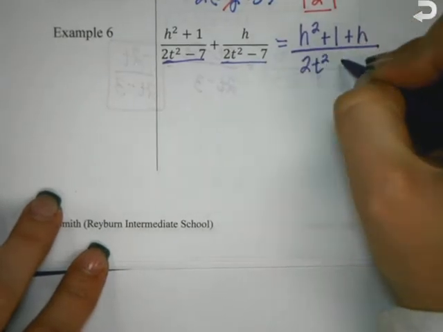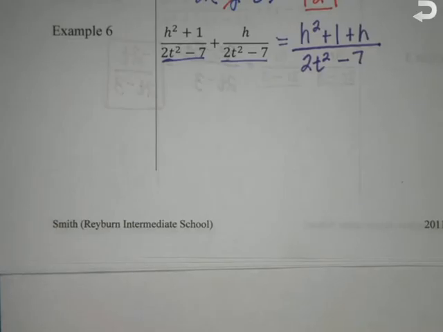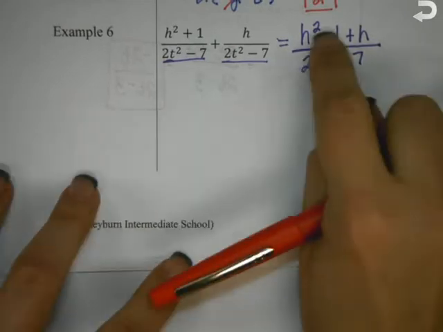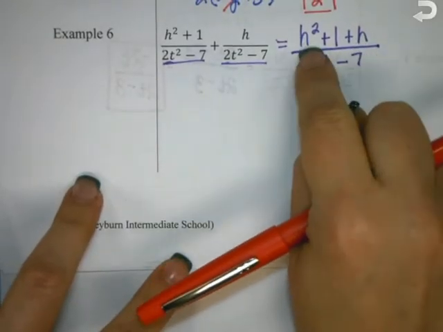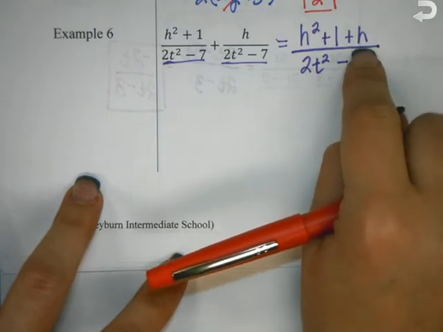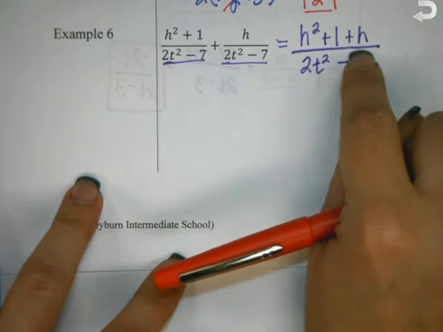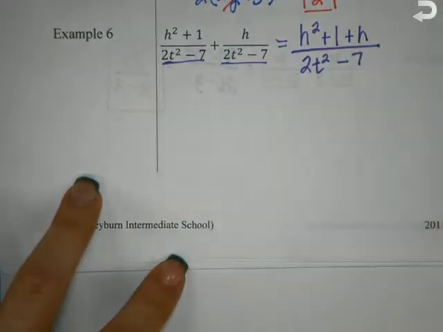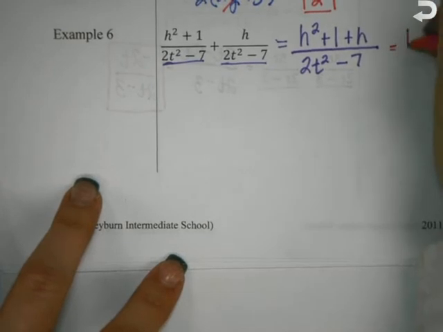Now, can I combine like terms here? No, because this one is h squared and this one is h. But this is not in the correct order, right? It has to go from biggest to smallest. So we're going to rewrite this as h squared plus h plus 1 all over 2t squared minus 7.